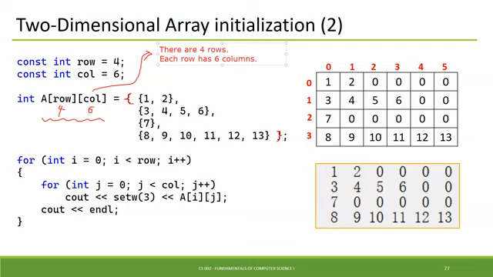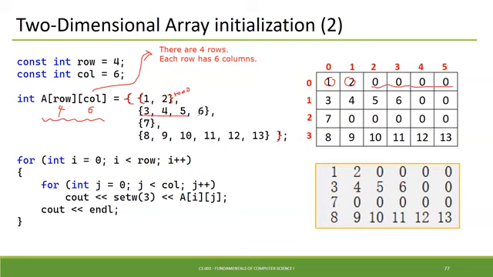And here, I have only 2 data in the first row, actually row 0. Then 1 and 2 will be saved here, and all the rest of the spaces will be filled with 0.